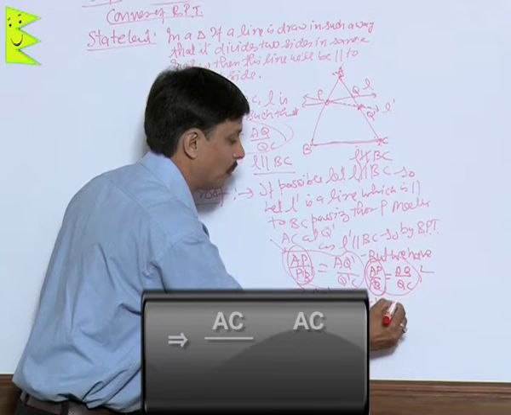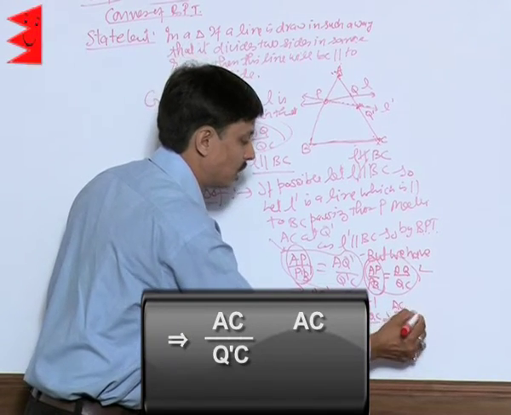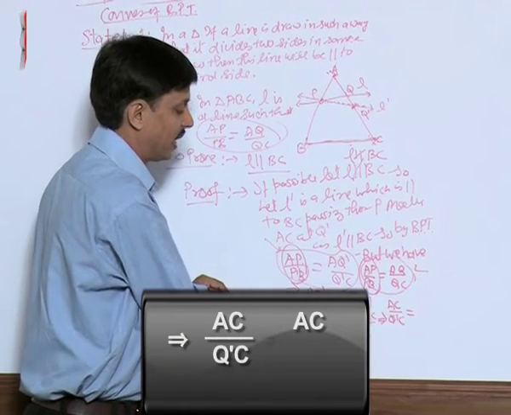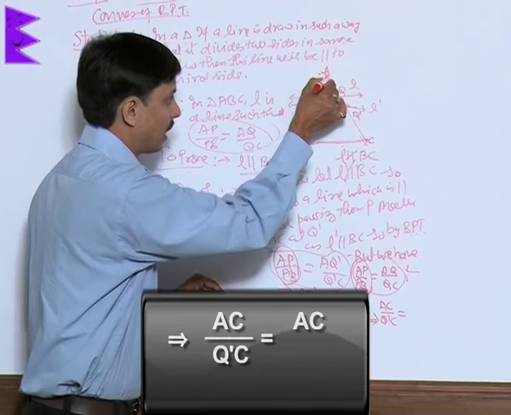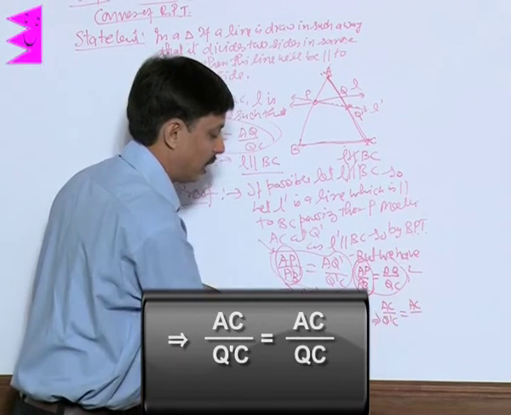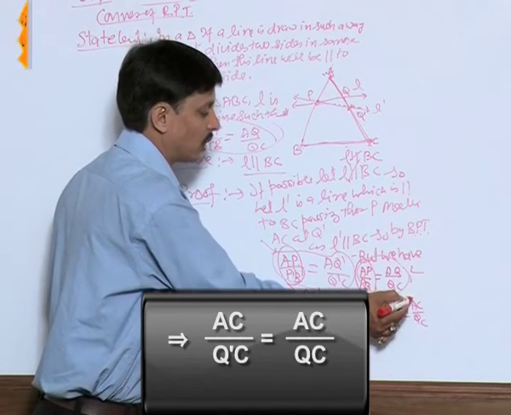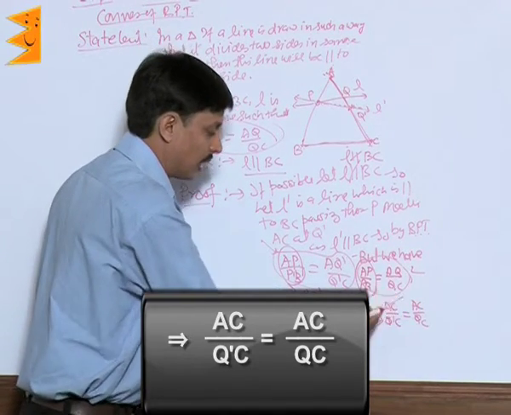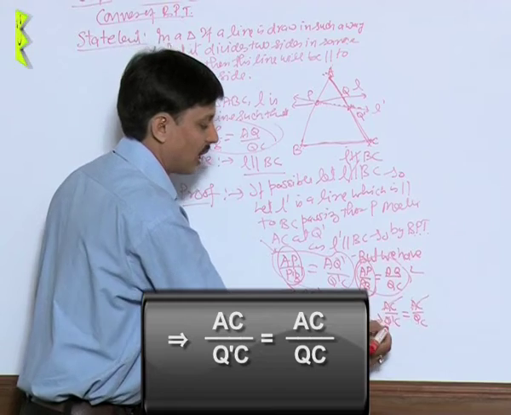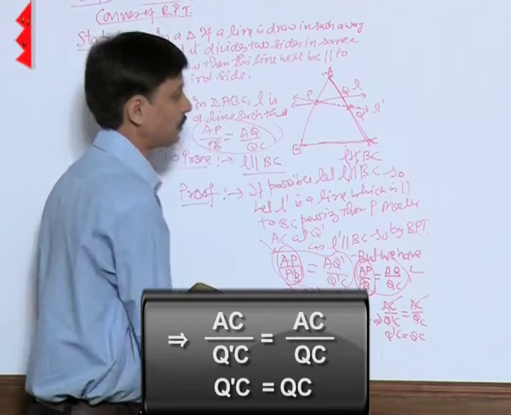So this implies AC upon Q dash C on the left, and on the right AQ plus QC, which is again AC, over QC. AC upon Q dash C is equal to AC upon QC. AC and AC get cancelled. I have obtained Q dash C equal to QC.